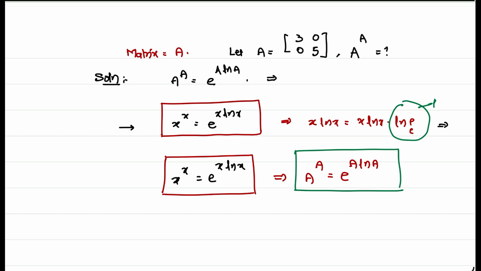Let us not dwell into the depth of the subject, because if you go too much in depth, you will lose the main concept. For simplicity, let us take this is valid. This is valid under certain conditions. Those conditions I will let you know.